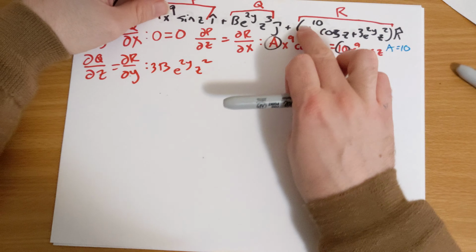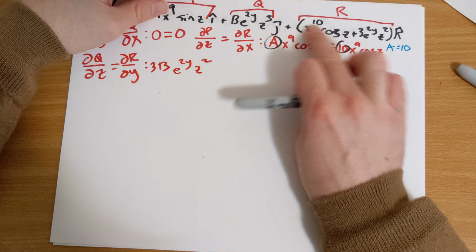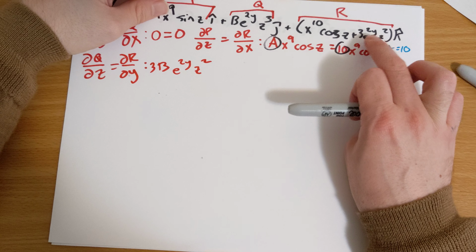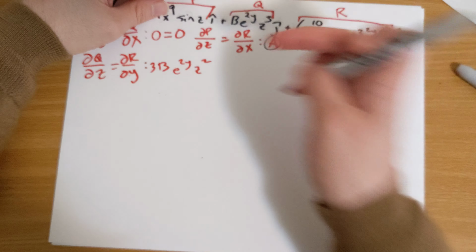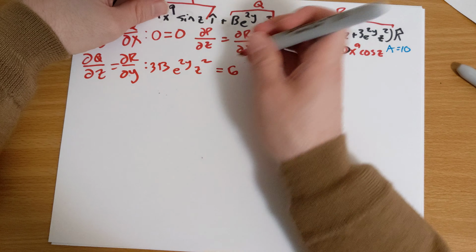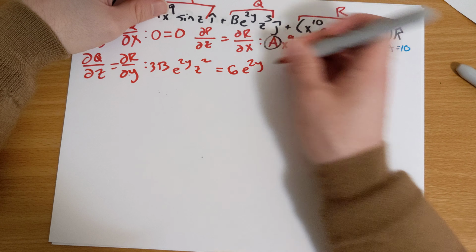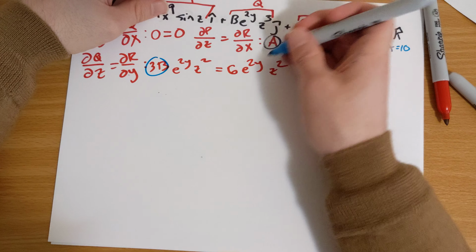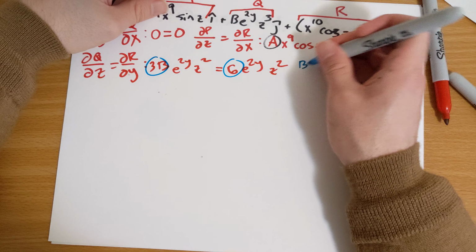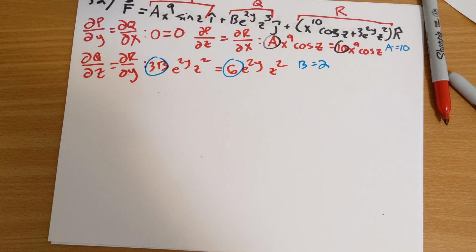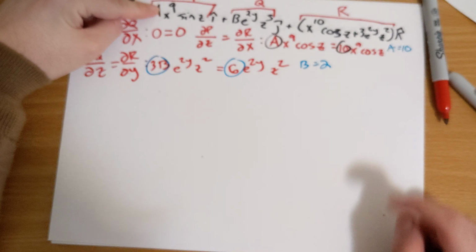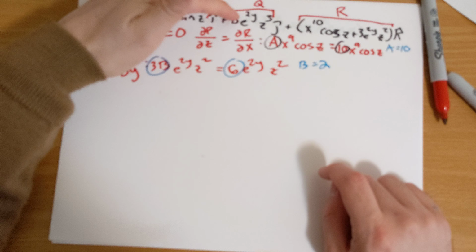And then the partial derivative of this with respect to y, well, that will be 0. And then we just have 3 times the derivative of e to the 2y, which will be 2e to the 2y, so 6e to the 2y times z squared. And so from this, 3B has to equal 6, so B is equal to 2. Okay, so at this point then, replace A with 10 and B with 2.